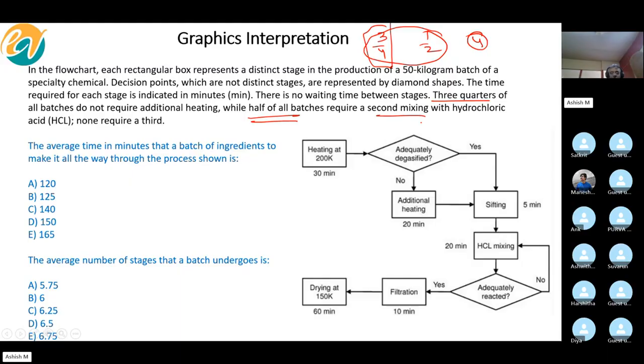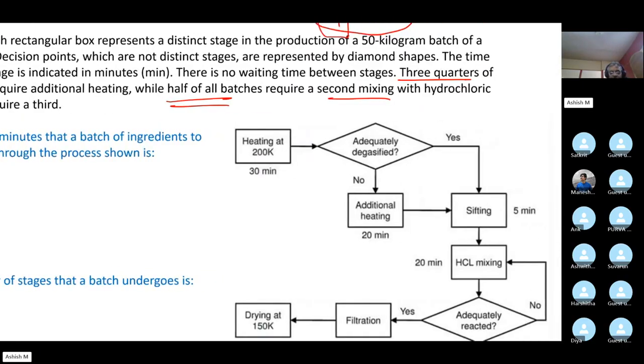All right. So now it says the average time that a batch of ingredients takes to make it all the way through the process. First of all, can you tell me what is the least amount of time that is required?